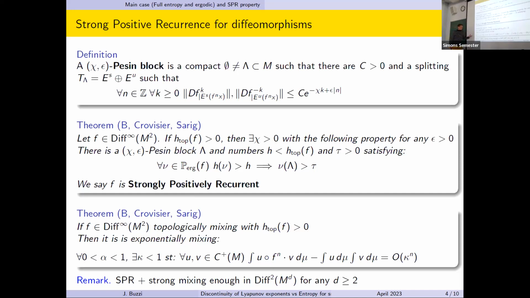To get into more technical things, the SPR property for the symbolic dynamics means that for any measure with large entropy, there is a finite subset of symbols such that all ergodic measures, maybe all measures with entropy close to the supremum, see this finite set of symbols.